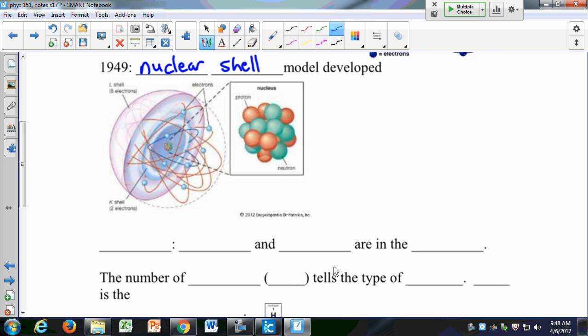And in the nuclear shell, the nucleus, or nucleons rather, describes our nucleons. That is sort of what's inside the nucleus. The nucleons, the protons and neutrons, are in the nucleus.